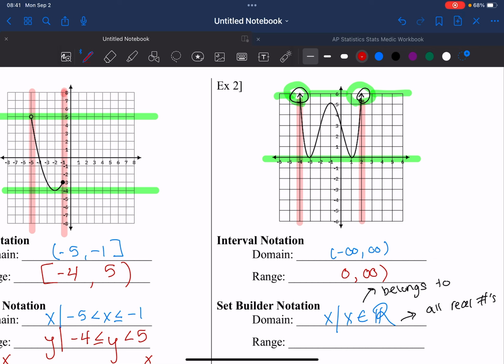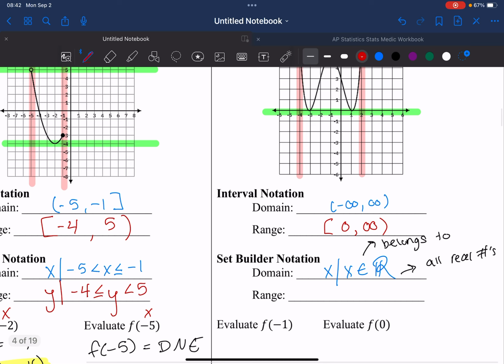Remember, when we see an infinity or a negative infinity, we have to do the parenthesis. And then since that 0, if we look at our function closer, is crossing at solid lines here, it's going to be a bracket. So this is telling us that our range is all numbers bigger than 0. Okay? So another way to write all numbers bigger than 0 is y such that y is greater than or equal to 0. All numbers bigger than 0.